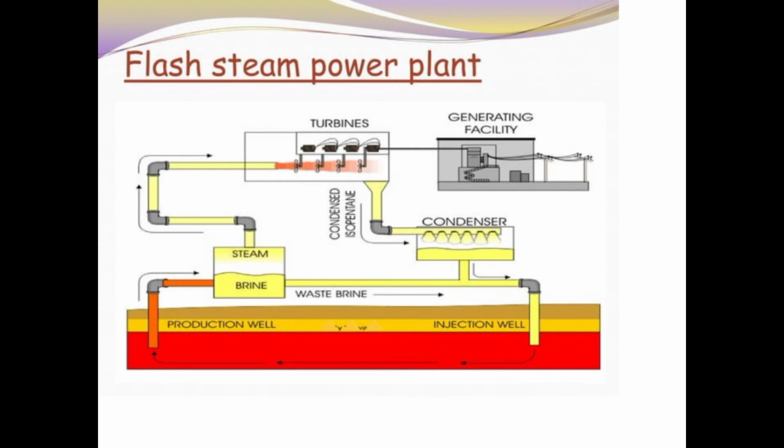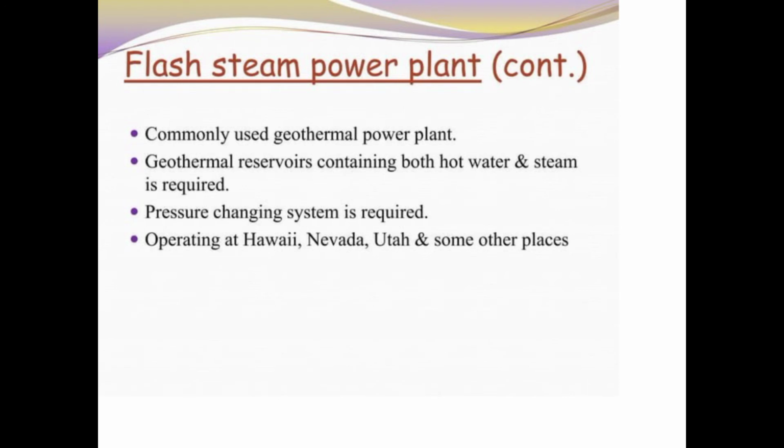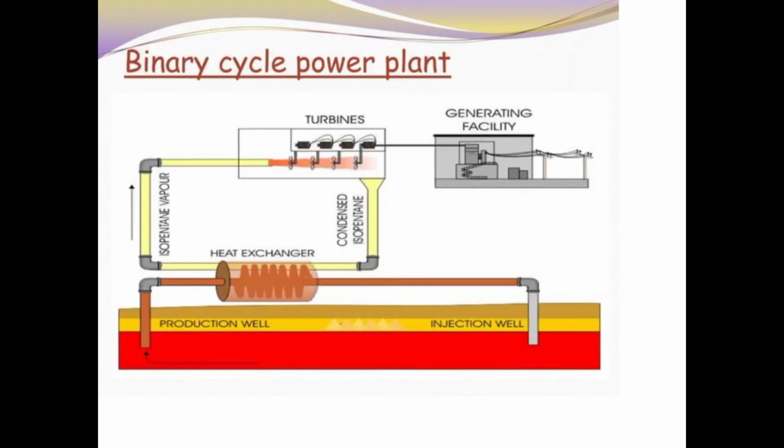This type of power plant is used where the geothermal reservoir temperature is low, and this is called the flash steam power plant. It is the commonly used geothermal power plant. A geothermal reservoir containing both hot water and steam is required, and a pressure changing system is required. It operates in Hawaii, Nevada, and some other places.